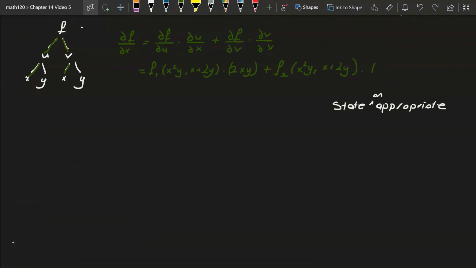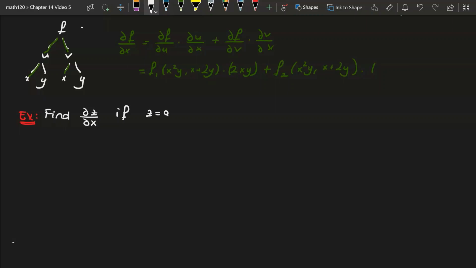All right. Another example. Find del z over del x if z is arctangent of u over v, where u is 2x plus y and v is 3x minus y.